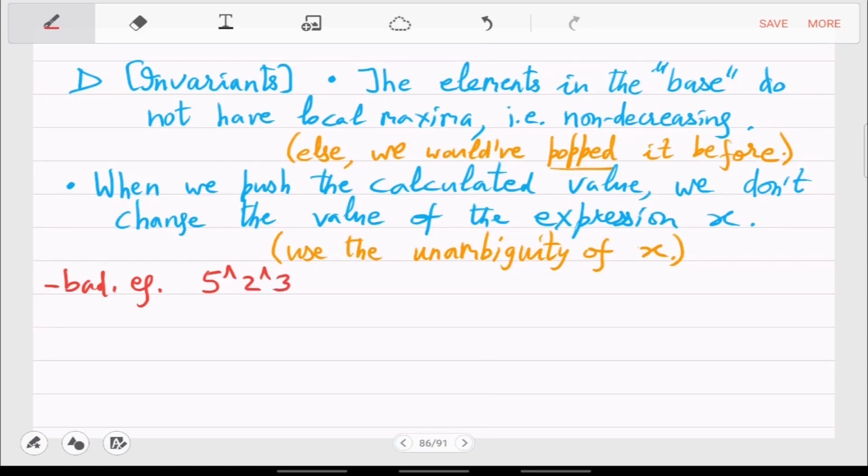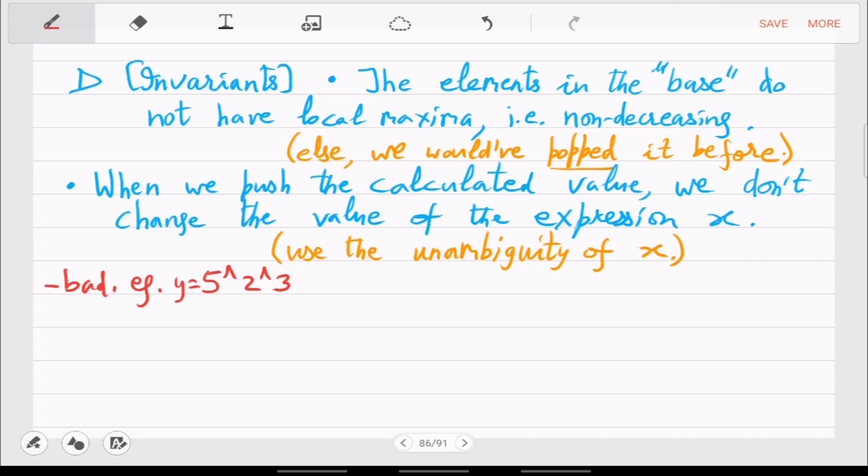What is this expression equal to? Why can't you first evaluate 2 cube and then 5 raised to 8? Or 5 square, which is 25, raised to cube? So this expression y, equal to whatever, is ambiguous.